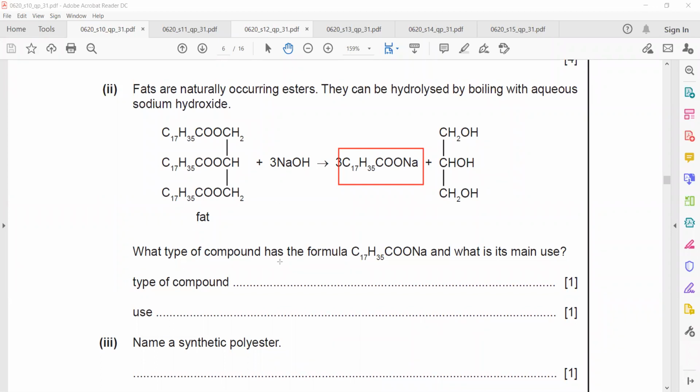What type of compound has the formula C17H35COONa, and what is its main use? What is the type of this compound? C double bonded with O, or COO, is there.